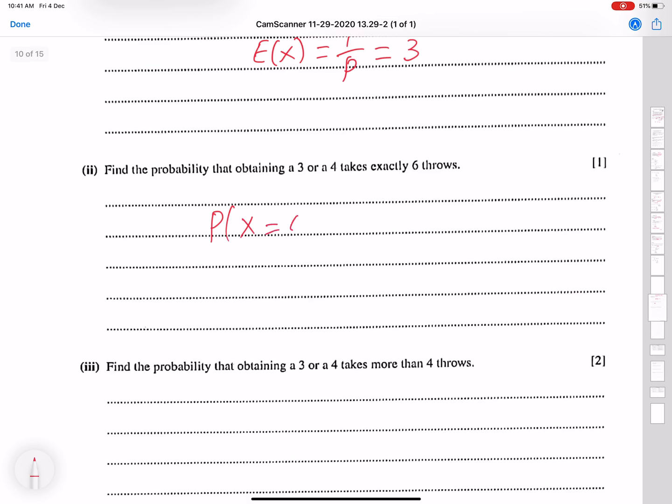Exactly 6 throws means q to the power 5 into p, whereas q is 2 upon 3 whereas p is 1 upon 3. You should leave your answer either in fraction or in decimal. If you will leave your answer in decimal, then it must be up to 3 decimal places. I'm leaving calculations for all of you.